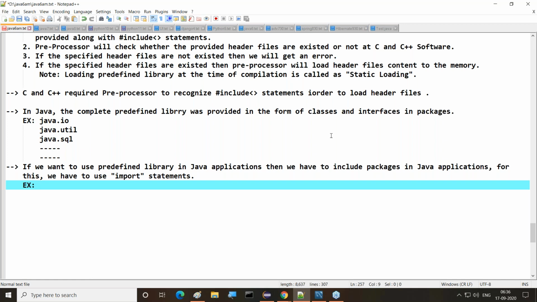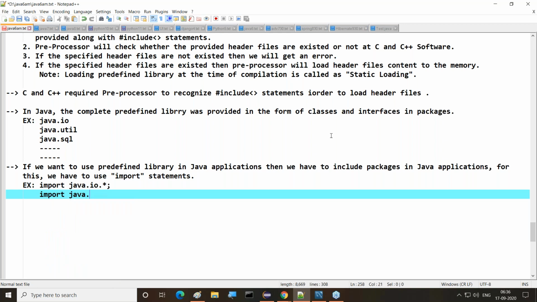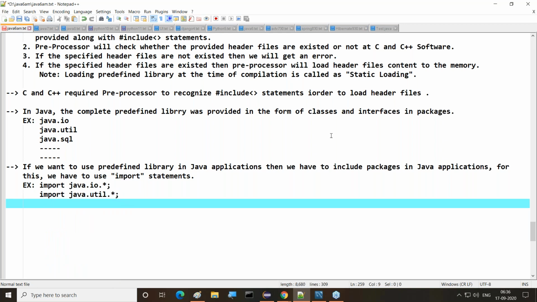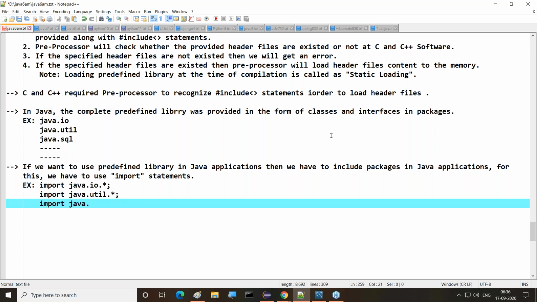Right. Examples are like what now? Import java.io.star. Star represents all classes and interfaces of the java.io package. Right. So import java.util.star. Again, star represents all classes and interfaces from the java.util package. Import java.sql.star.